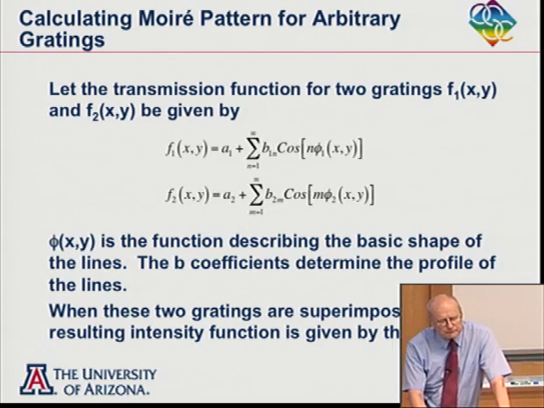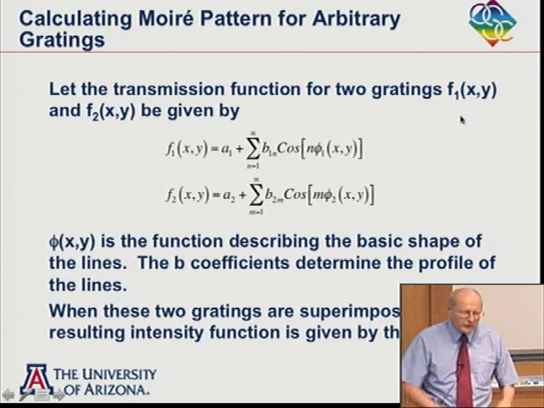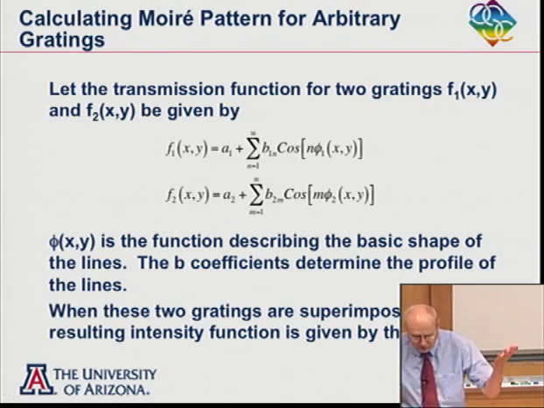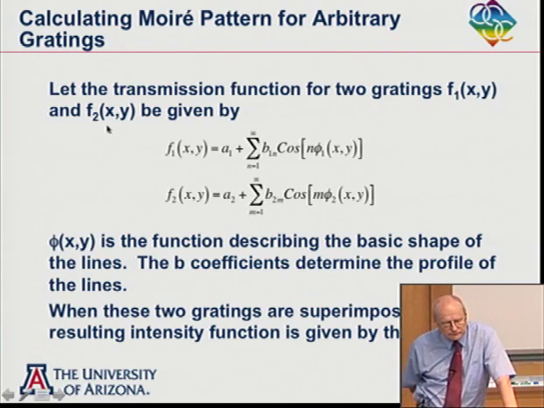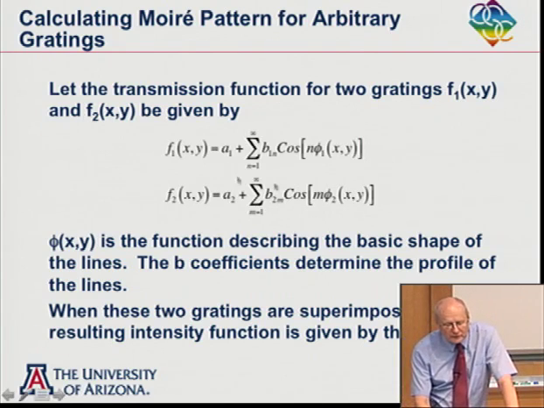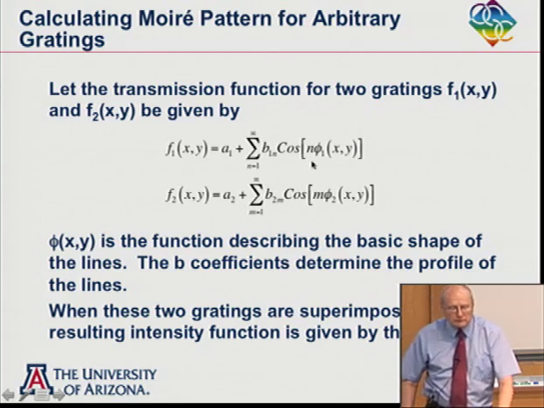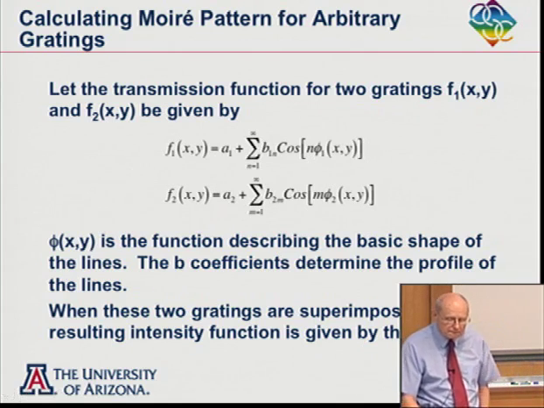So let's say that the two gratings have a transmission function. I'm just going to say, well, one is F1, that's a function of position x and y, and the other one is F2. And I don't know what these patterns are, but I'm going to write it here just as a bunch of cosines.